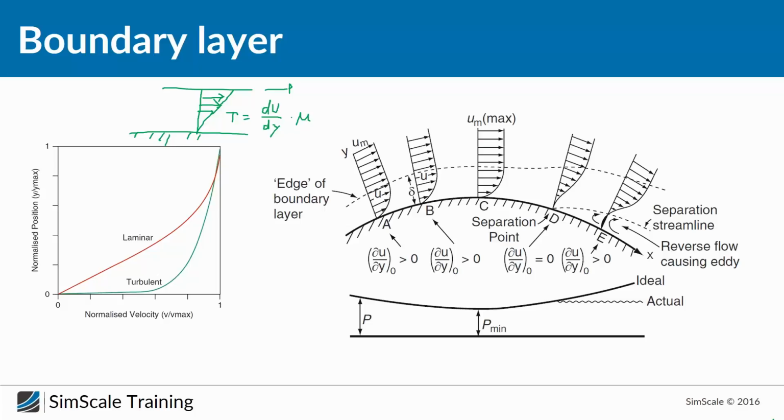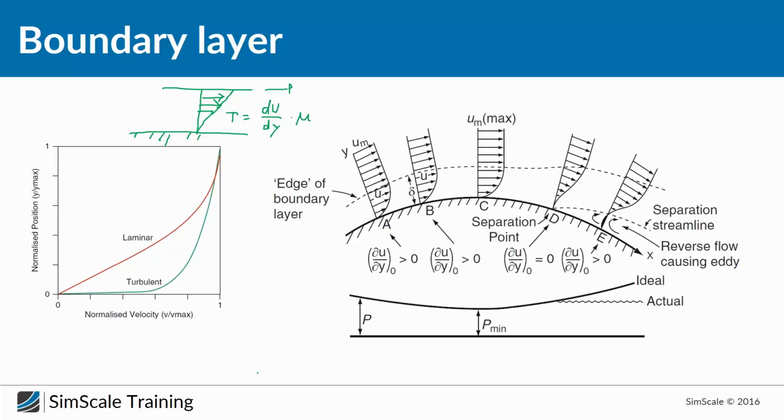And if we take a look here, we can see normalized velocity profiles for laminar and turbulent flow. As you can see, on the x-axis we have the normalized velocity, and on the y-axis we have the normalized position. So this is basically what I showed you a little bit like here. And here you can see that the turbulent boundary layer has a steeper velocity profile, much steeper. And this means two things.